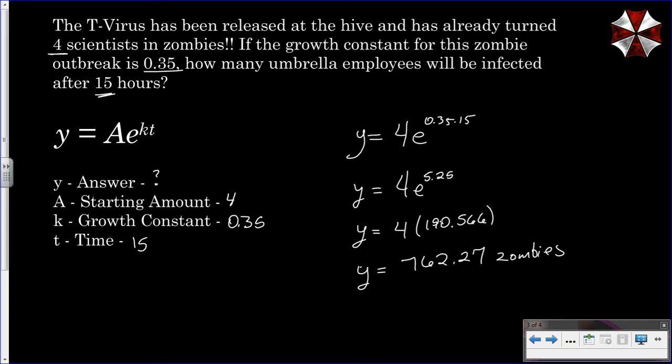So that's really all there is to the exponential growth model, and we can use it to calculate zombies. I know most of y'all love zombies. You probably saw that movie, Warm Bodies. Pretty good movie.